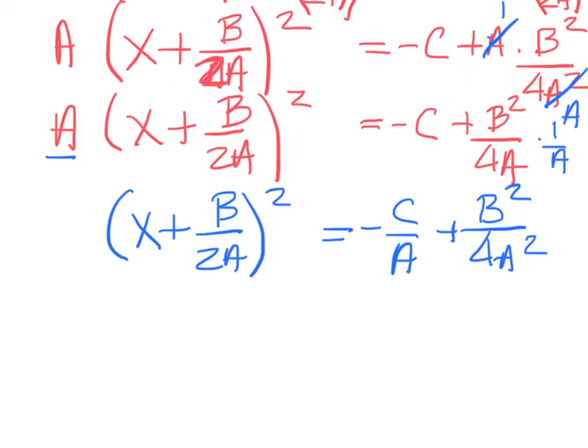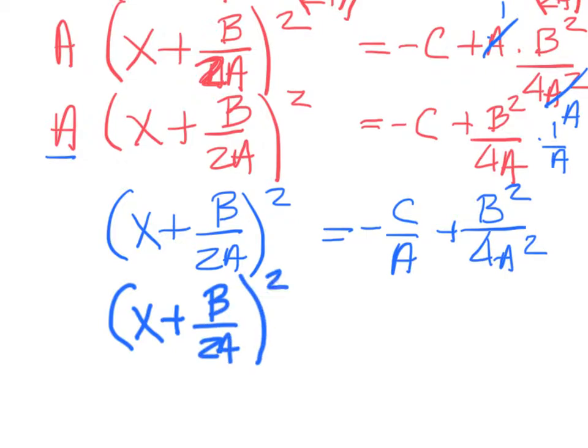So on the left-hand side, we're going to keep this the same. And on the right, we need to simplify this. We need a common denominator. We have 4a squared here, and we have just an a there.